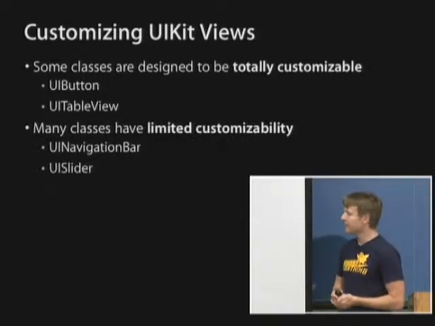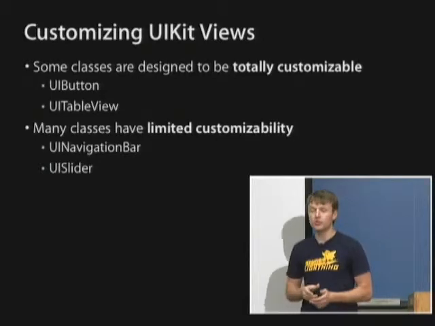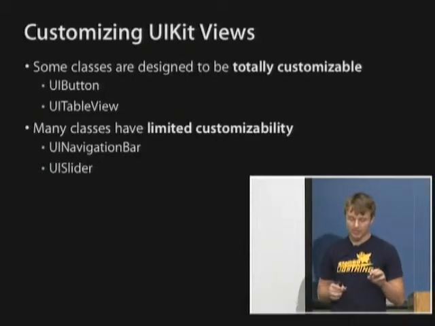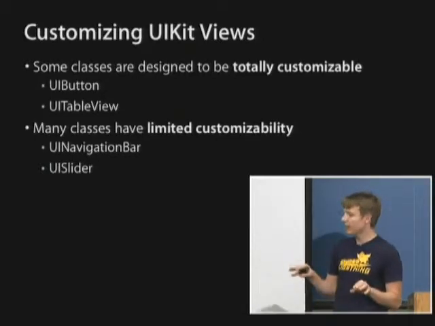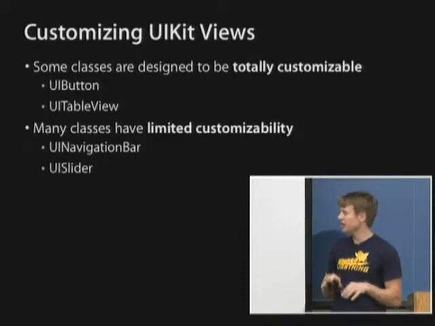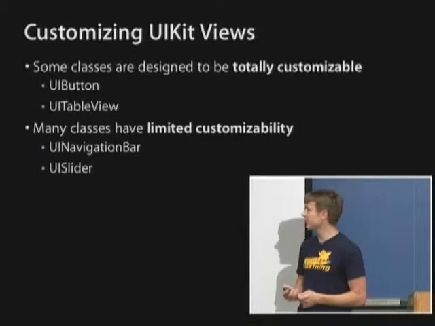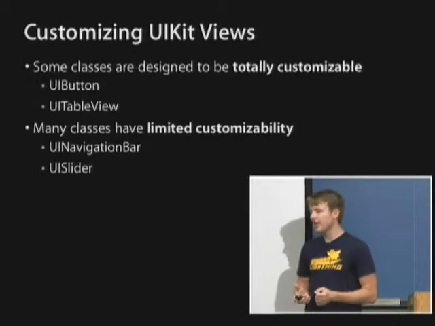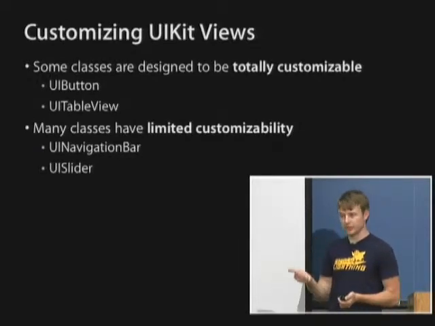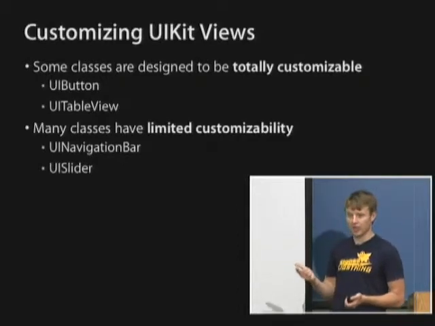Other classes have limited customizability. Classes like UI slider, where you can customize the image on the left, the image on the right, some of the art in the middle. It's not fully customizable, but you can get in there and mess with most things. UI navigation bar. You can customize the translucency. You can customize the tint, the color.